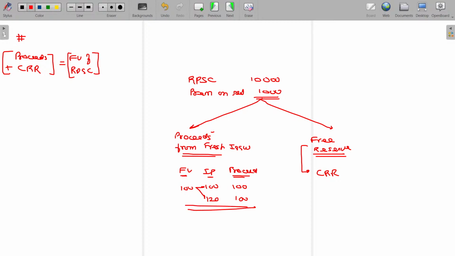Hope you are now able to understand. From this, it is very clear, proceeds exclude the securities premium, only the face value. CRR is otherwise named Capital Redemption Reserve, a special reserve created by transferring the free reserves to CRR on redemption.